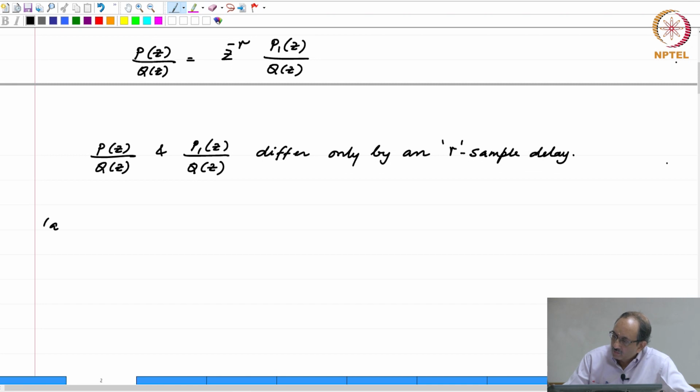So, the first case we will consider is m strictly less than n. We will also assume simple roots.